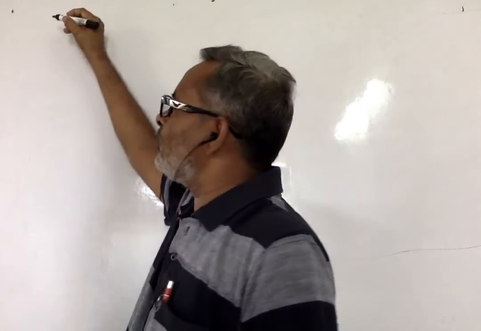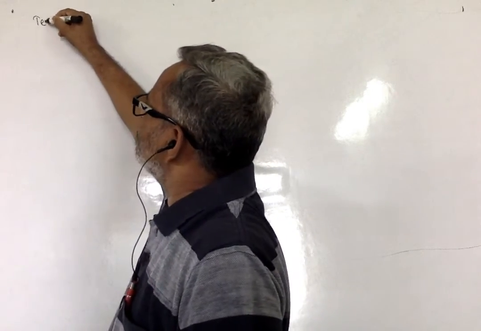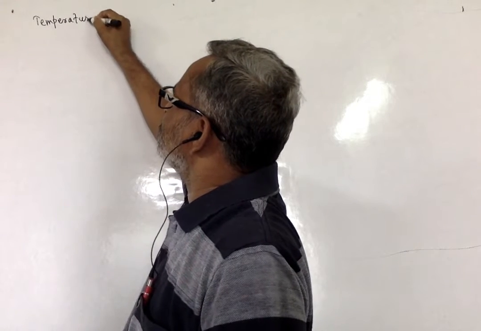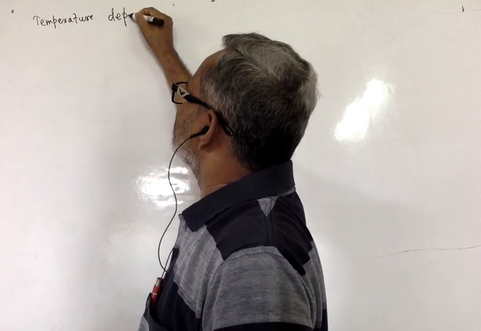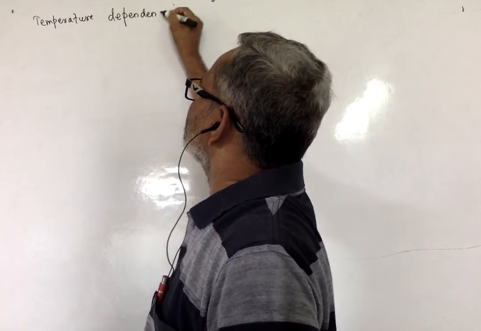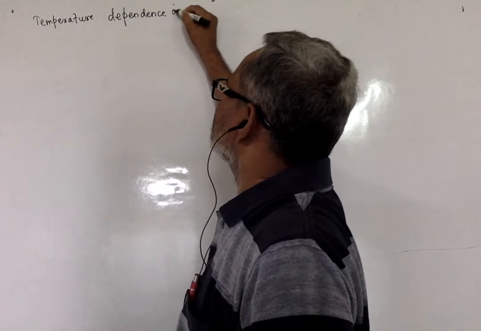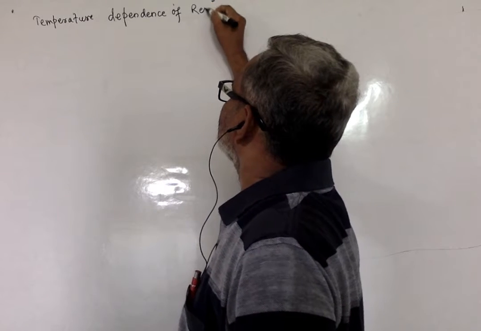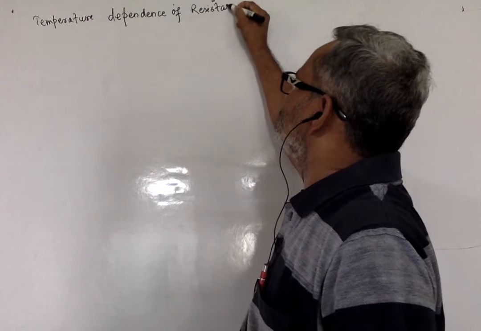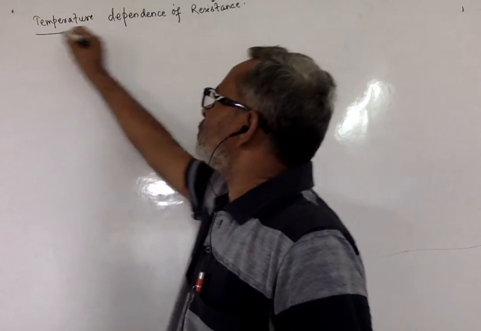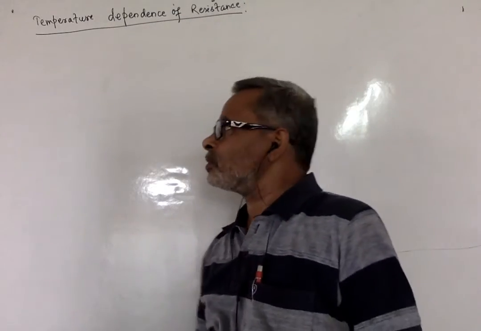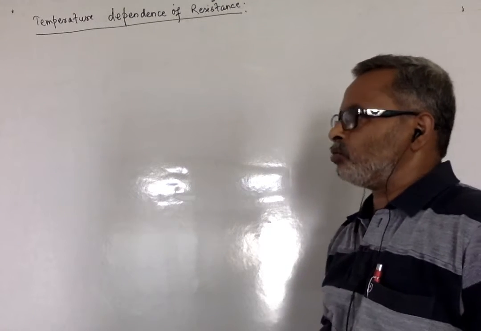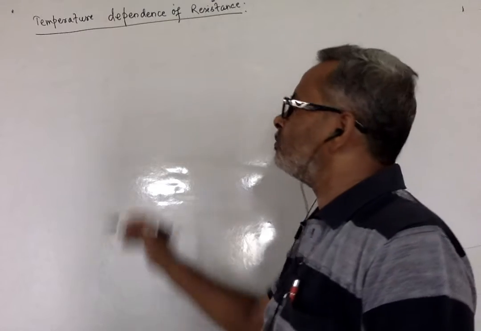Temperature dependence of resistance. According to Clausius, the resistance of a conductor increases with increase of temperature.